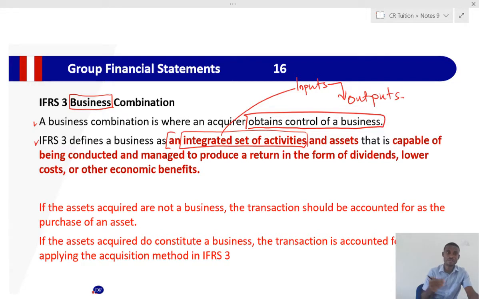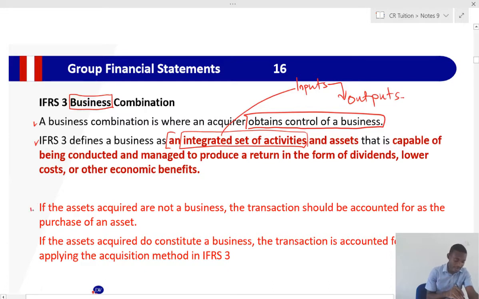If you cannot trace that there is an integrated set of activities, which are inputs and outputs, assets used by employees to carry out returns or generate income, incur cost, then such a transaction is not a business combination, and instead it should be an acquisition of assets.